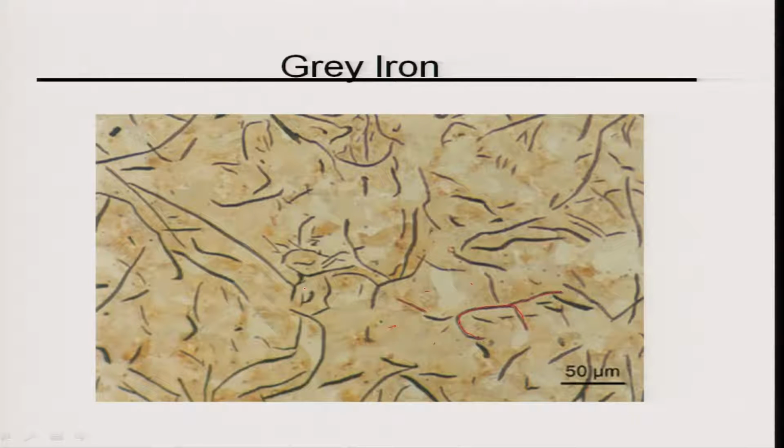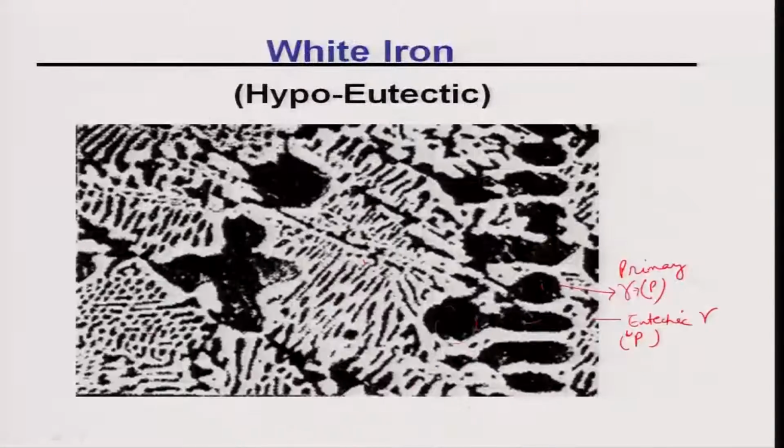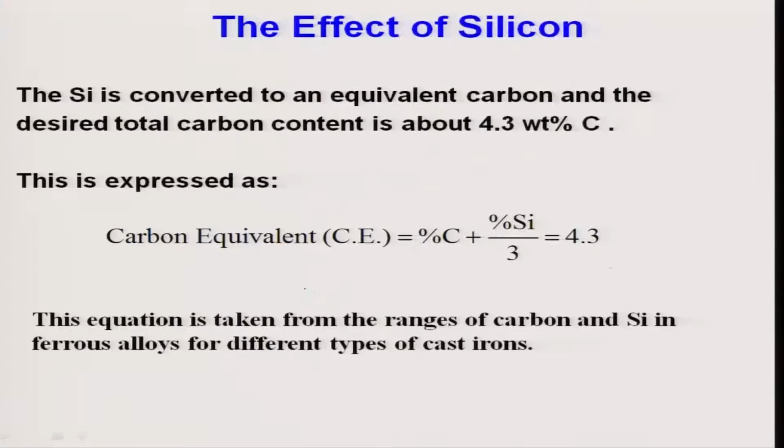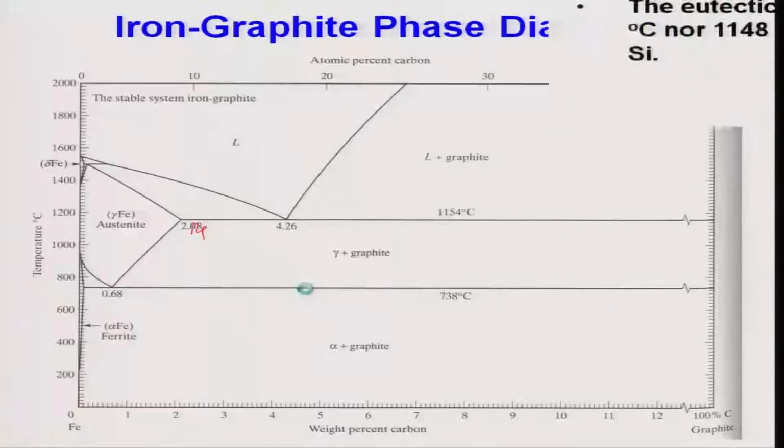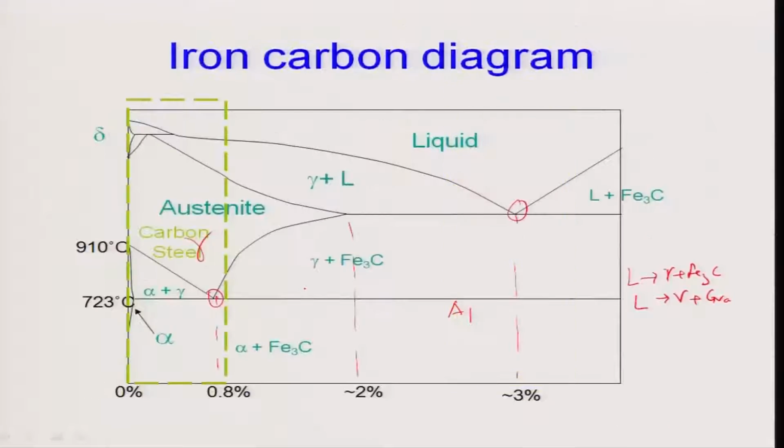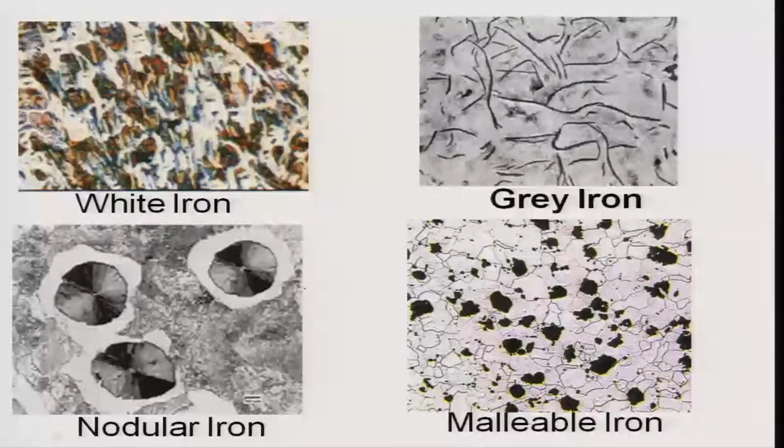If I make the flakes spheroidal, which is what I showed you at the beginning of the last lecture, then instead of these flakes, if I make them circular or round, there will be no issue of stress concentration, because it is a circular particle. Surface area is known and uniform, so for the amount of load you apply, you know the stress generated. This is another reason why spheroidal graphite iron, or nodular iron, or ductile iron has been prepared.